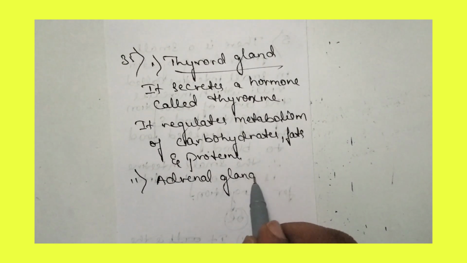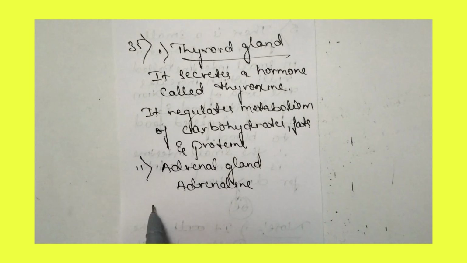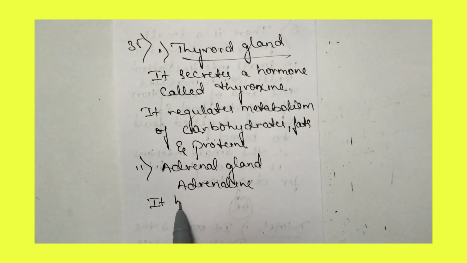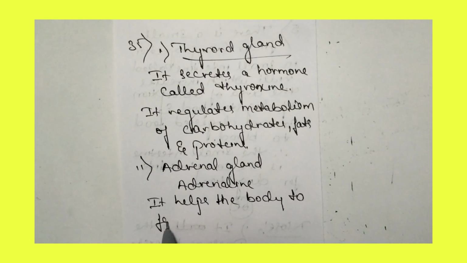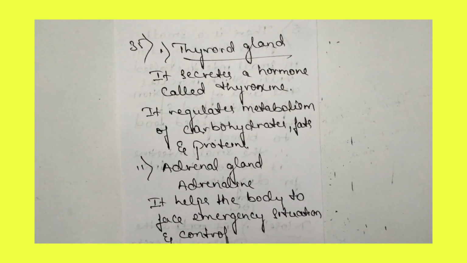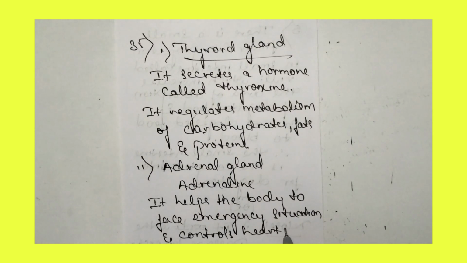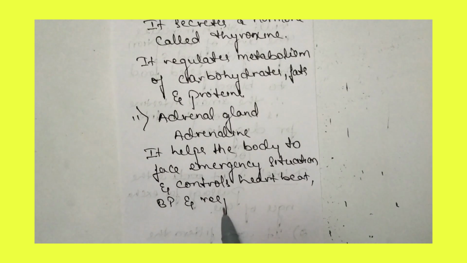This adrenal gland will secrete a hormone called adrenaline, and the function is it helps the body to face emergency situations and controls heartbeat, blood pressure, and respiration.